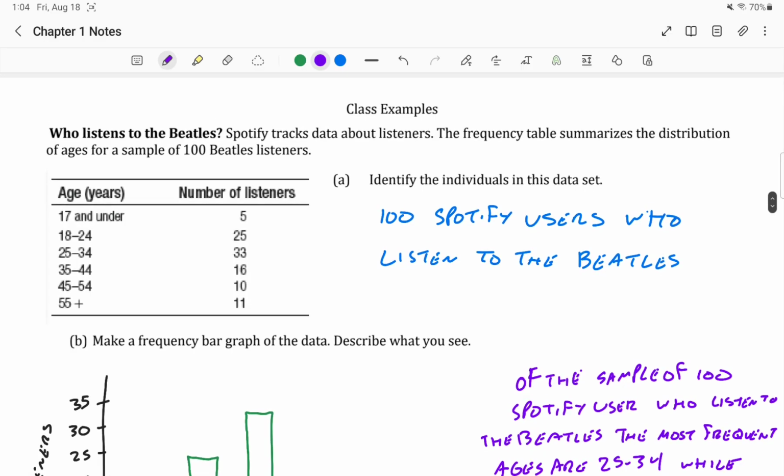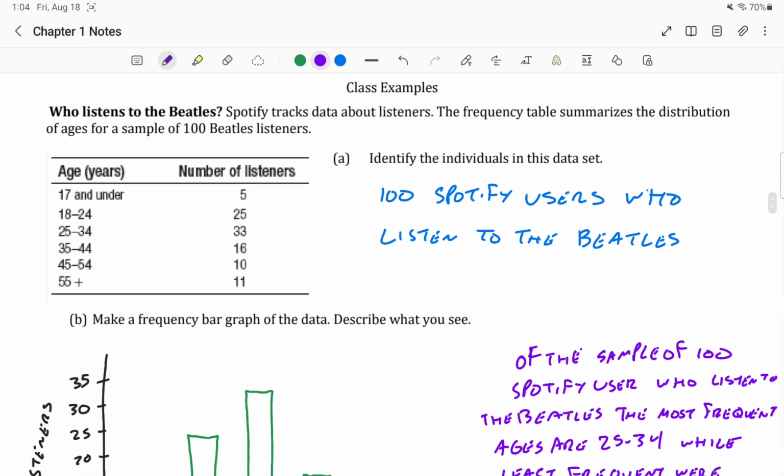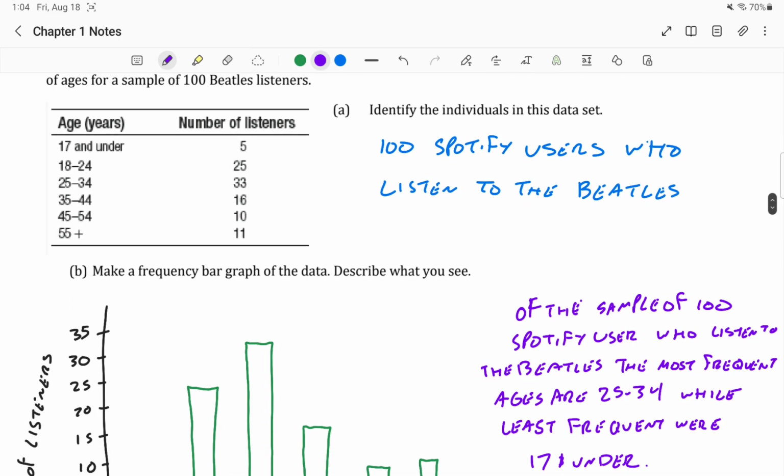First off, who are the Beatles? If you don't know who the Beatles are, they were a band. Back in the day, they were the most popular band of their day for quite a long time. If you haven't listened to some Beatles, you should definitely go listen to some Beatles. That is awesome music there.